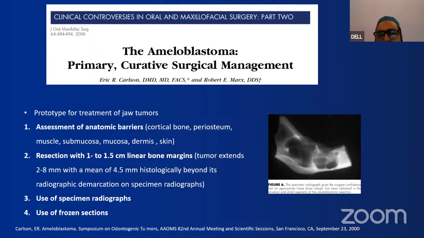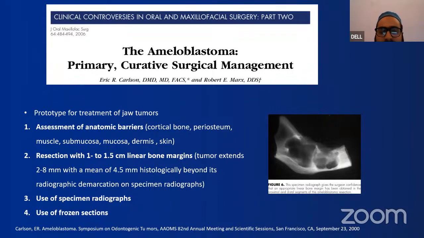The first barrier is the cortical bone, which is an effective anatomic barrier, to check if there is any perforation of the cortex. Then after the cortex, the periosteum, muscle, submucosa, mucosa, and the dermis. Once the ameloblastoma perforates the cortex, it rapidly spreads to the other areas: muscle, submucosa, mucosa.